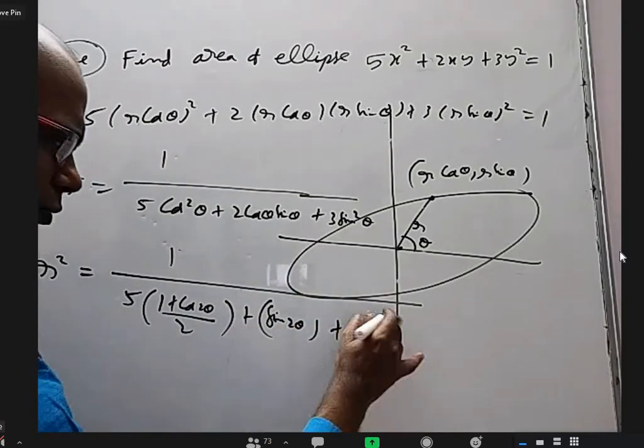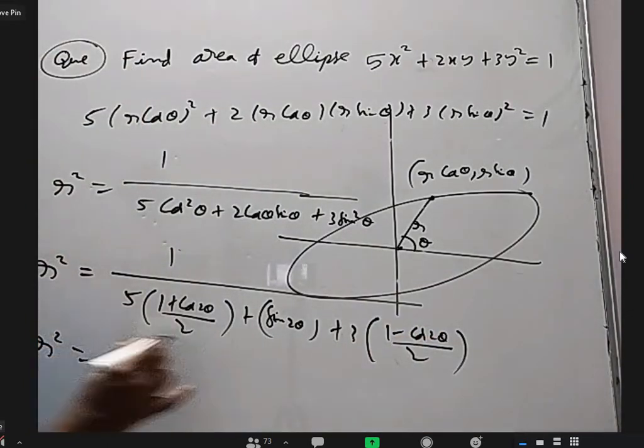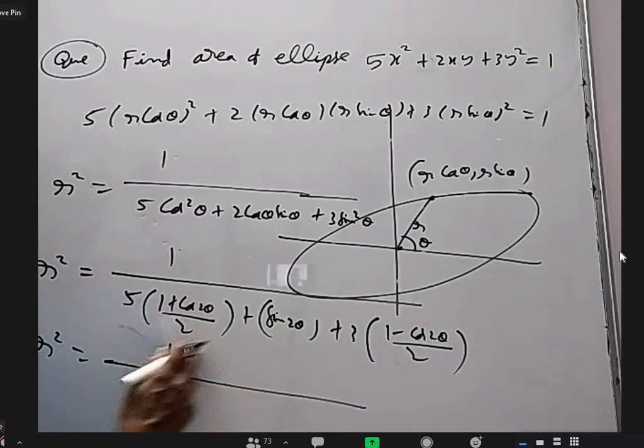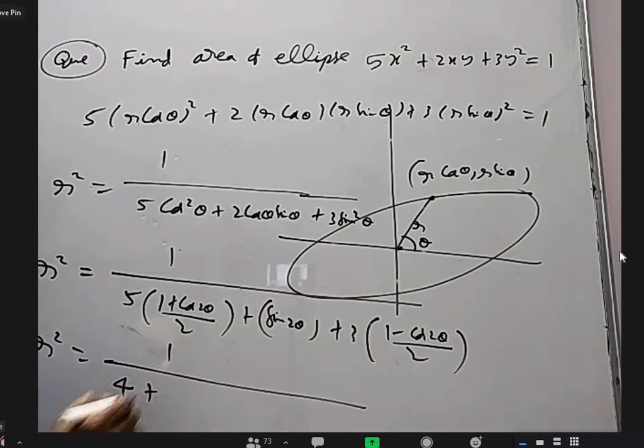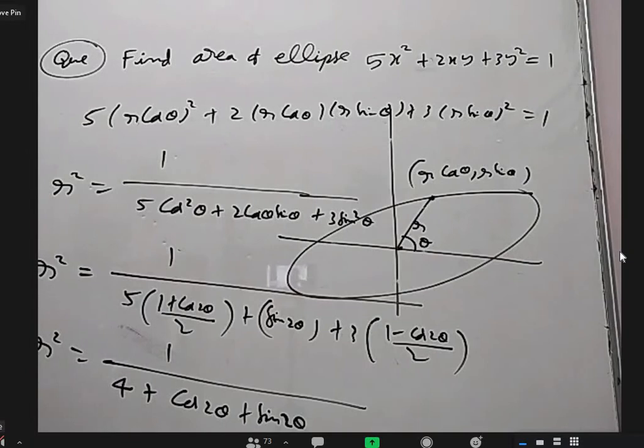This is 3 into (1 minus cos 2 theta) by 2. 5 by 2 plus 3 by 2 is 4. 5 cos 2 theta minus 3 cos 2 theta by 2 is cos 2 theta plus sin 2 theta. Is it right or something wrong? Right.